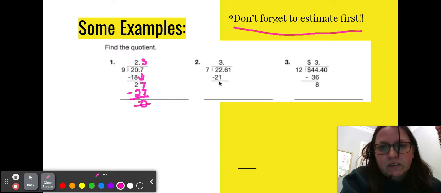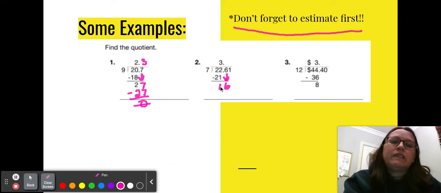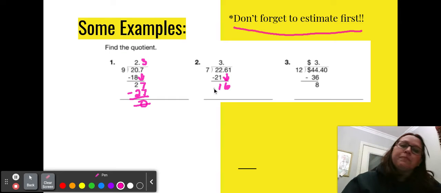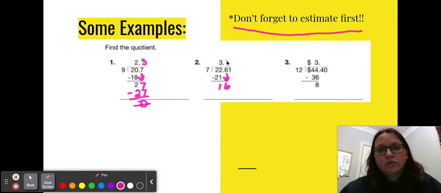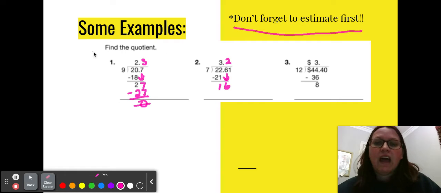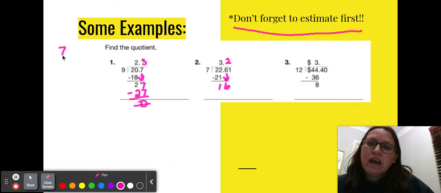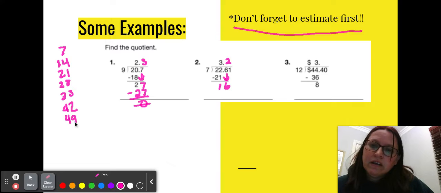So 3 times 7 is 21. 22 minus 21 is 1. And I'm going to bring down my 6. How many times does 7 go into 16? 7 goes into 16 2 times. And this is the point that if I have my numbers labeled, I've got 7, 14, 21, 28, 35, 42, 49, 56, 63, 70.